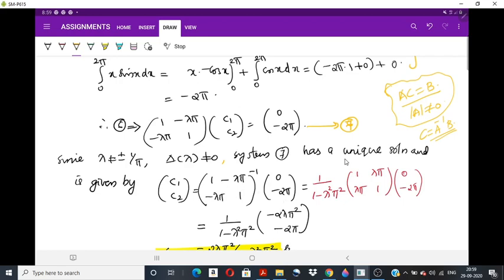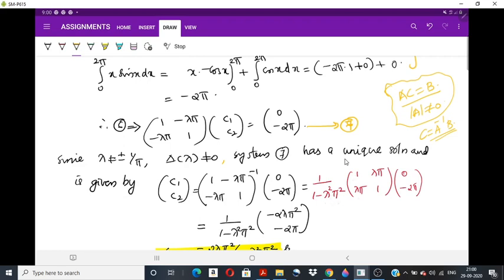Now we know how to find the inverse of a 2 by 2 matrix. First, interchange the diagonal elements. Since here both the diagonal elements are 1, it will not change. And take the negative of the off-diagonal elements, that is minus lambda pi will become lambda pi, which is the same in the second row first element, and divide by det of A. Det of A is delta of lambda, that is 1 minus lambda square pi square.